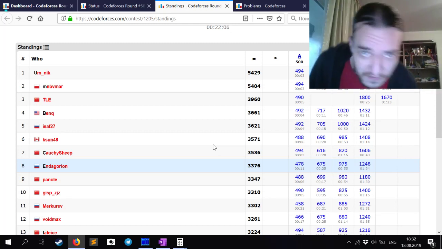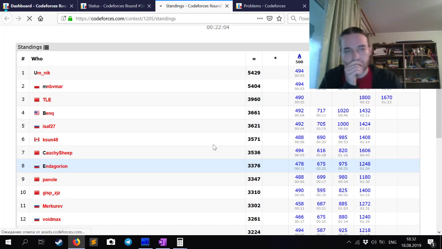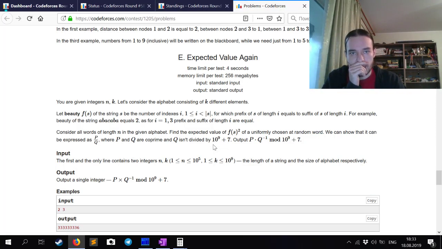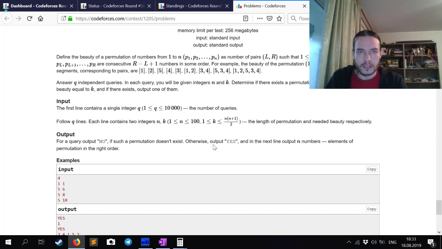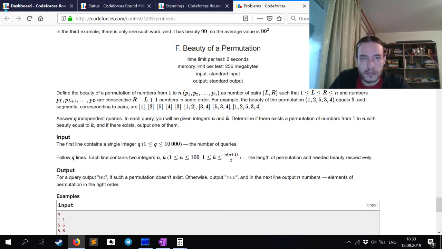Okay, so there's definitely some recurrence happening, but I cannot quite figure out the exact way to do that. Let's take a quick look at this next problem. Is this another tree problem?